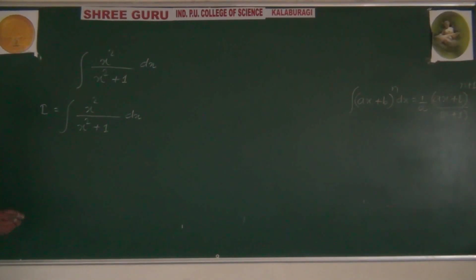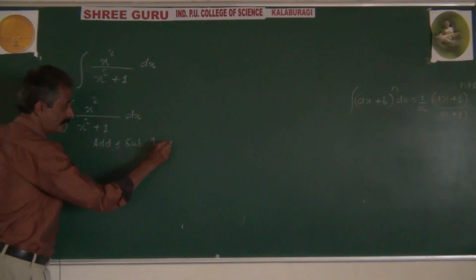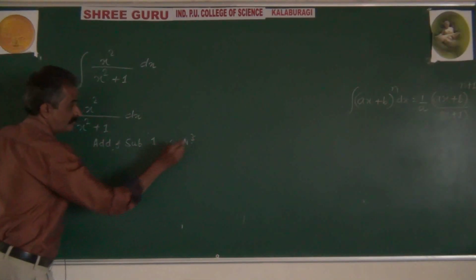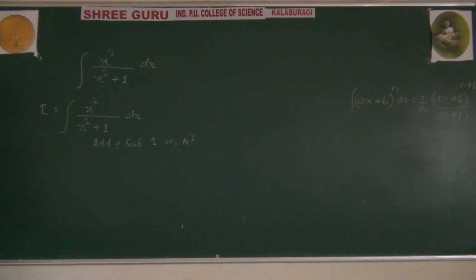So what we shall do is try to get a factor x square plus 1 in the numerator. To get this factor in the numerator, we add and subtract 1 in the numerator. So I equals integration of (x square plus 1 minus 1) divided by x square plus 1.